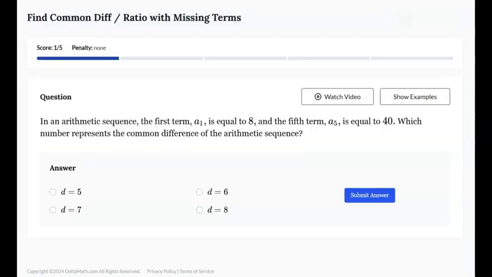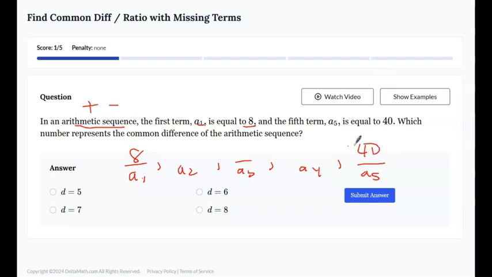Let's try one more. Another arithmetic sequence. That means we have a plus or minus pattern. The first term is 8, and the fifth term is 40. So the first term, the second term, the third term, the fourth term, and the fifth term is 40.